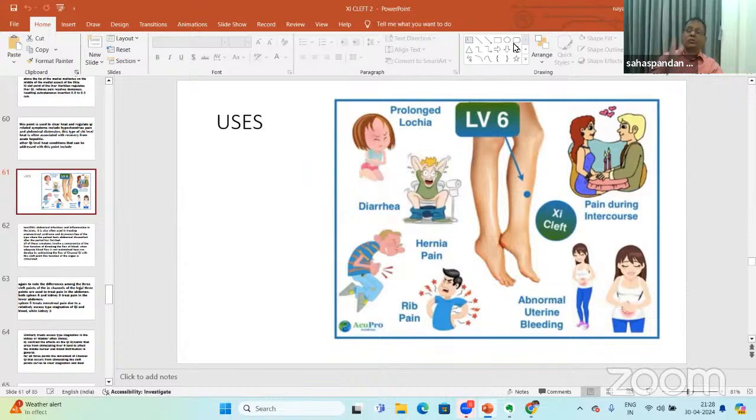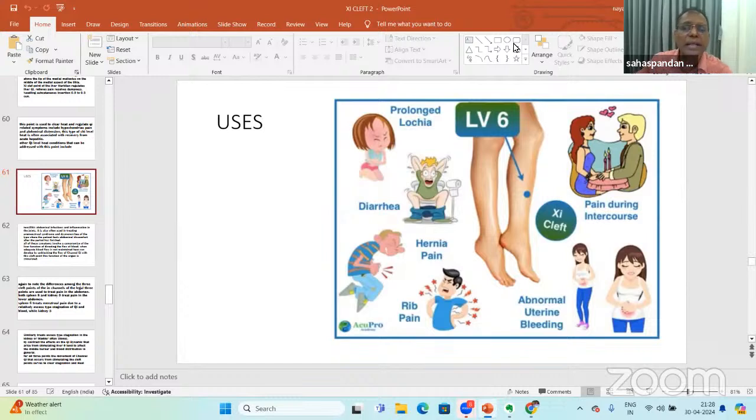Also, because of the association of the heel vessels with the coordination of muscle movement, the point is used for trigeminal neuralgia and problems with the movement of the muscular culture of the face, such as Bell's palsy.